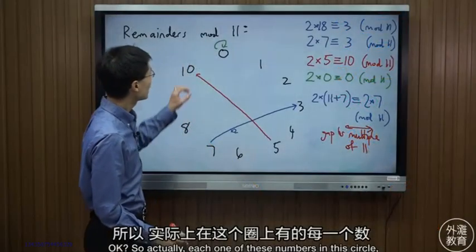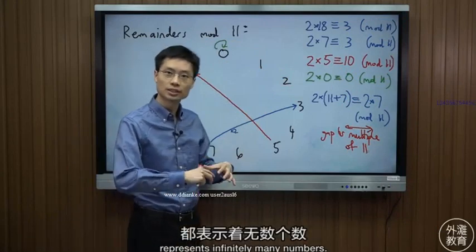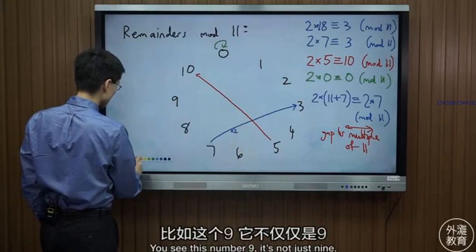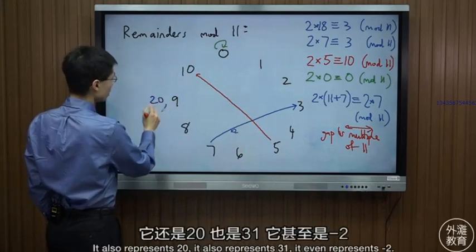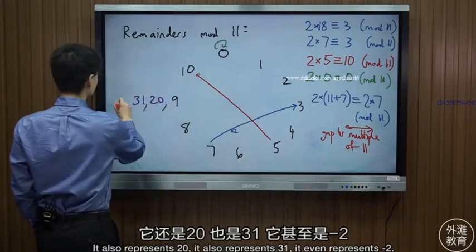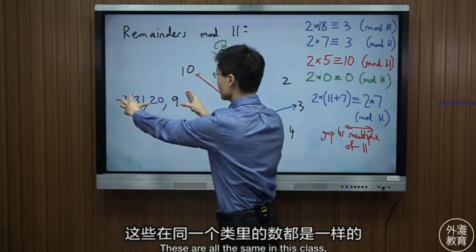Okay? So actually, each one of these numbers in the circle represents infinitely many numbers. You see this number 9, it's not just 9. It also represents 20. It also represents 31. It even represents -2. These are all the same in this class.